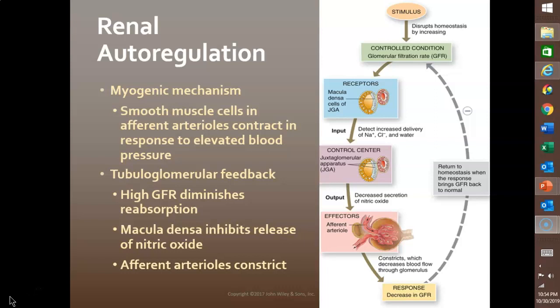The second renal autoregulation is tubuloglomerular feedback, and it's named because there's a part of the renal tubules, remember, the macula densa, that is going to provide feedback to the glomerulus.